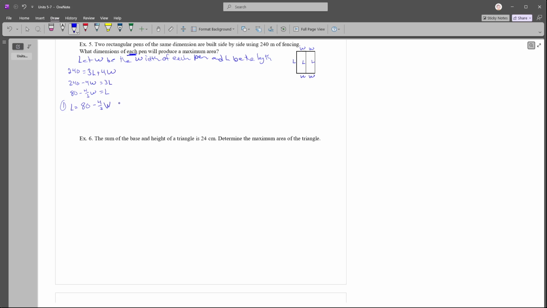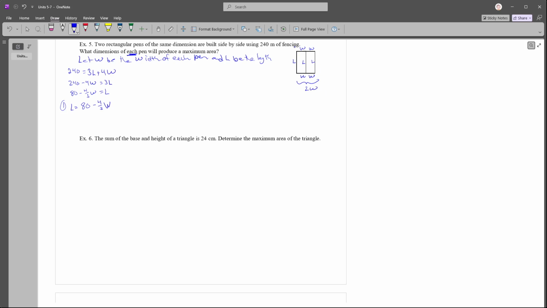What else do I know? Well, I also know that they produce a maximum area. Okay, but remember, each one of these dimensions is for a single pen. So that means the total area is the length times 2W.